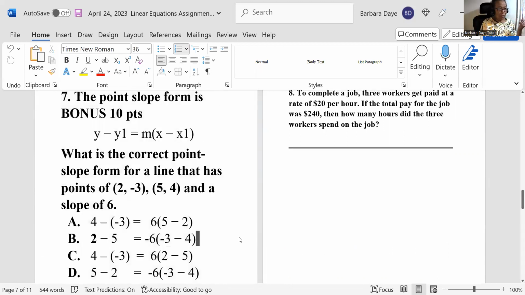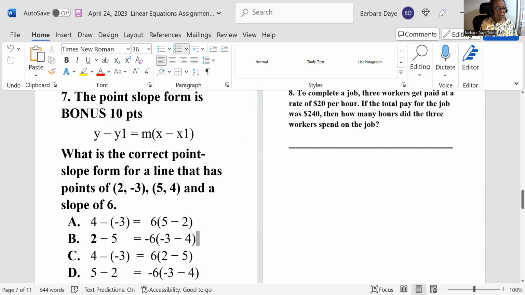Okay, so we want to find the correct point-slope form. Here again, you've got 2 y values and 2 x values. This is similar to the one we did before, except I said y1, y2, but it's the same kind of problem.